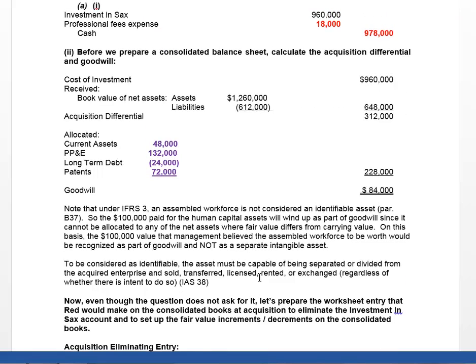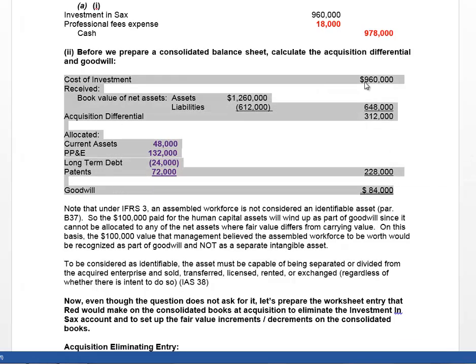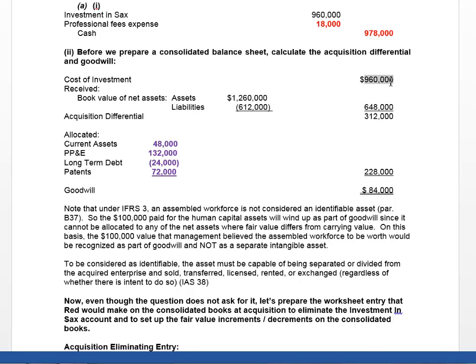Because don't forget, when we did this calculation up here, we said that investment is divided into pieces. It's divided into the $648,000, which is the carrying value of the sub, Saks. It also includes the fair value increments and decrements and goodwill. So these are the three pieces here.